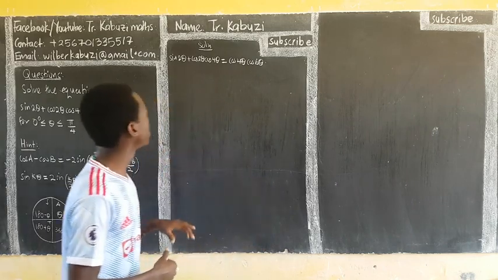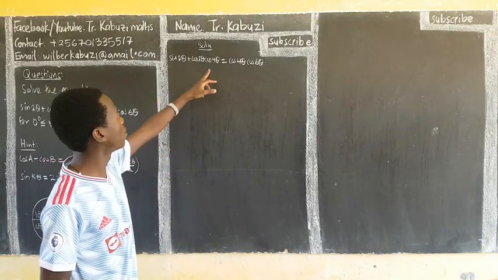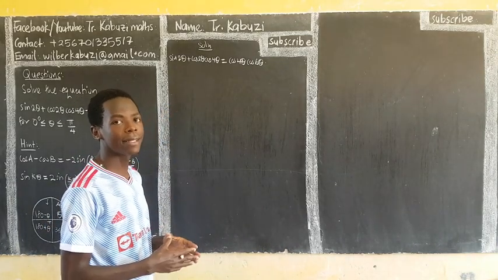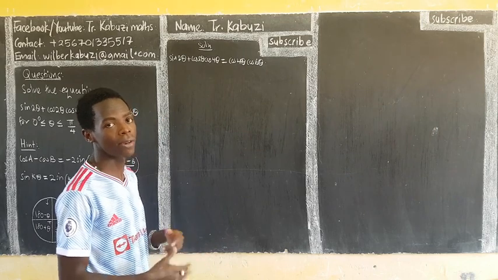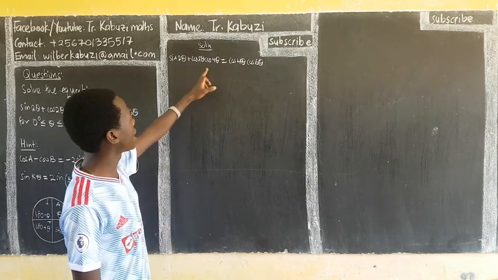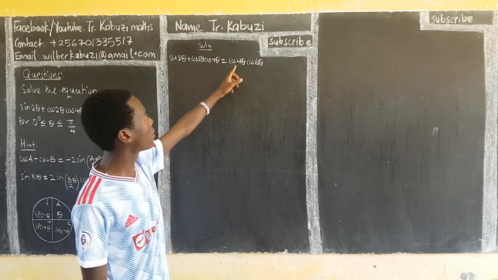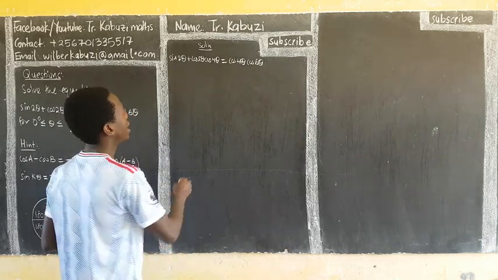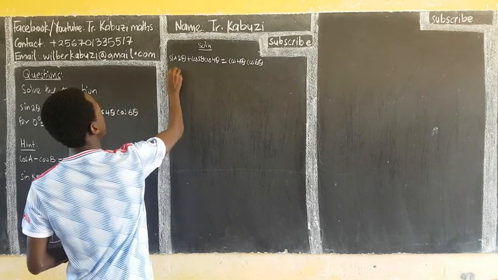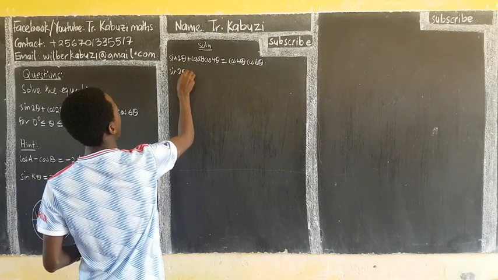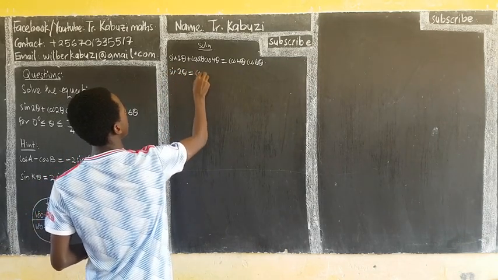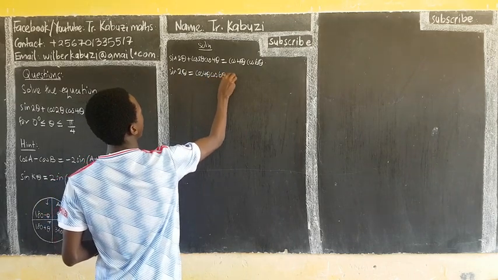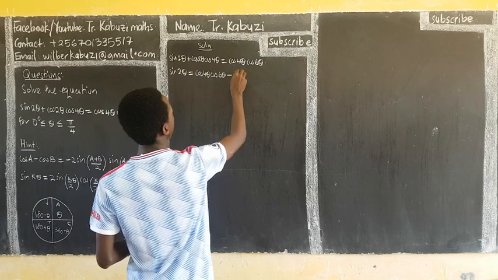Now our simple case: you start here, you look at cos theta and cos theta inside. By the way, you can pause the video and try it out, then compare your answers after. So I take this side, adding sine 2 theta, this side equaling cos 4 theta, cos 6 theta, then minus cos 4 theta when it goes this side.